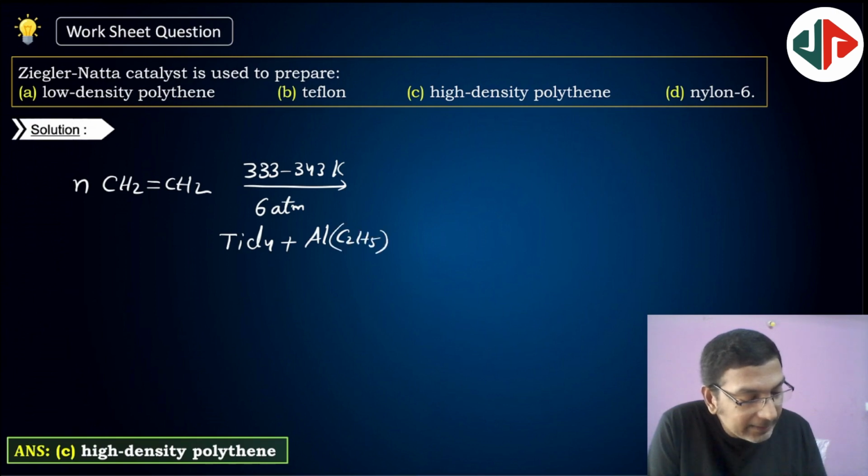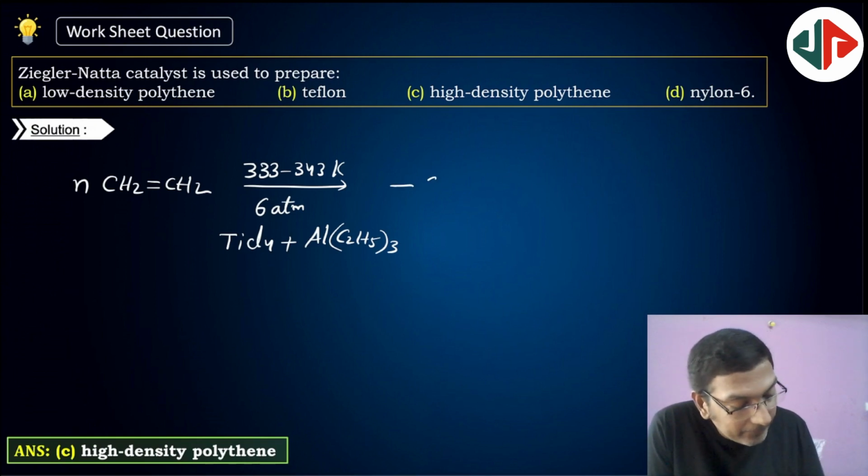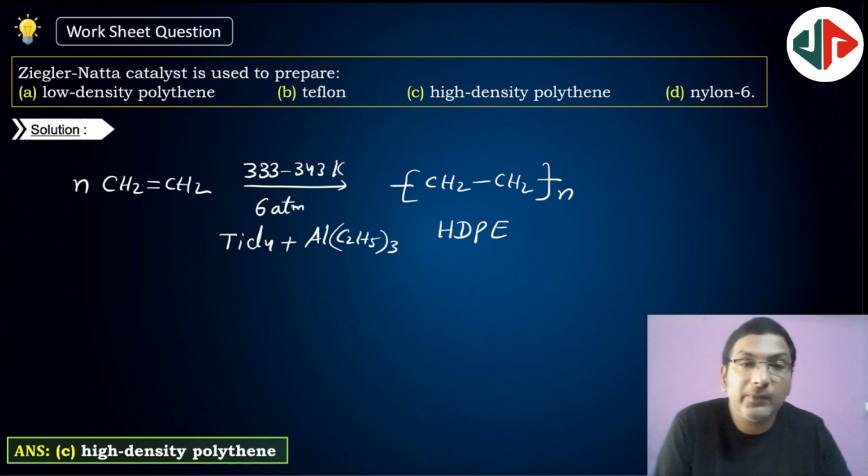This is Ziegler-Natta catalyst. It gives (CH2 CH2) n, high density polyethylene. Option C. Next.